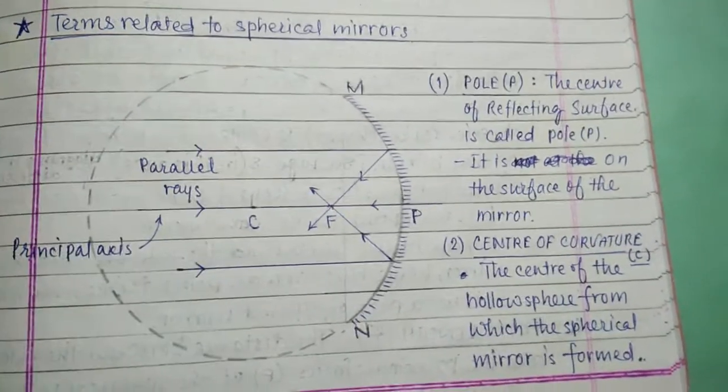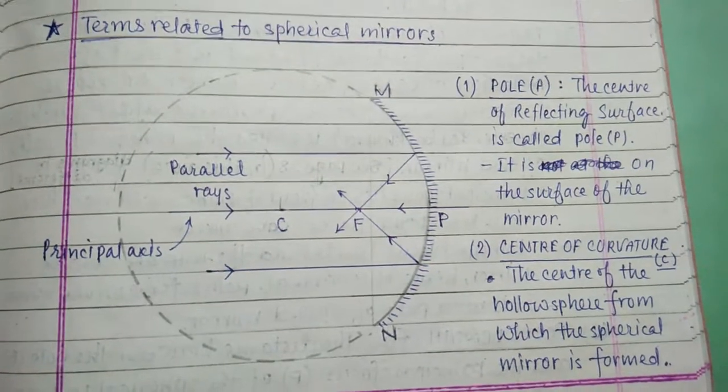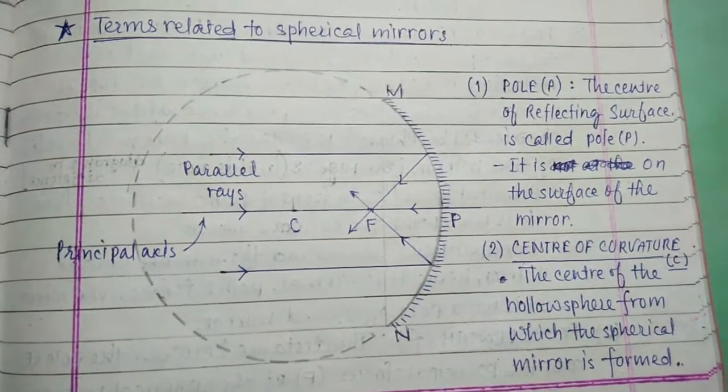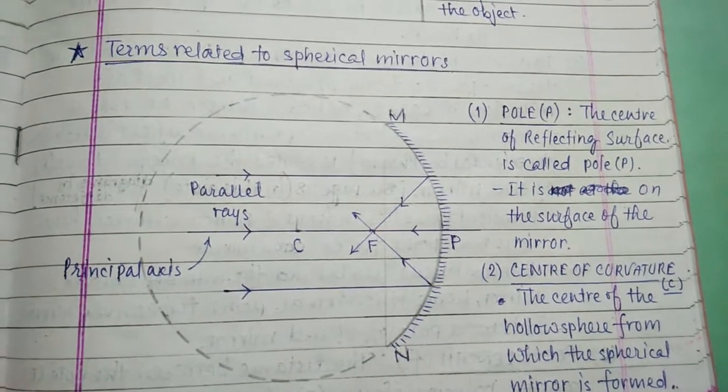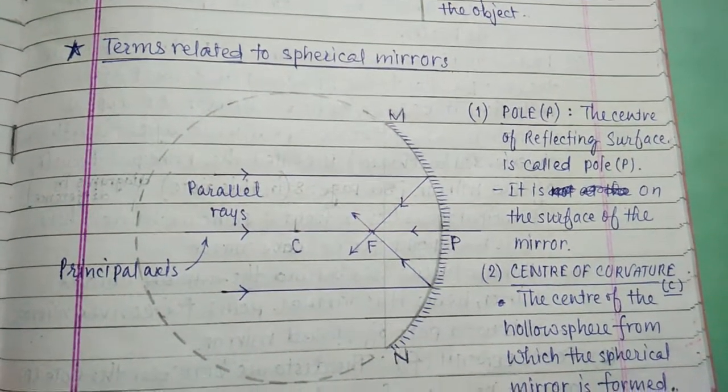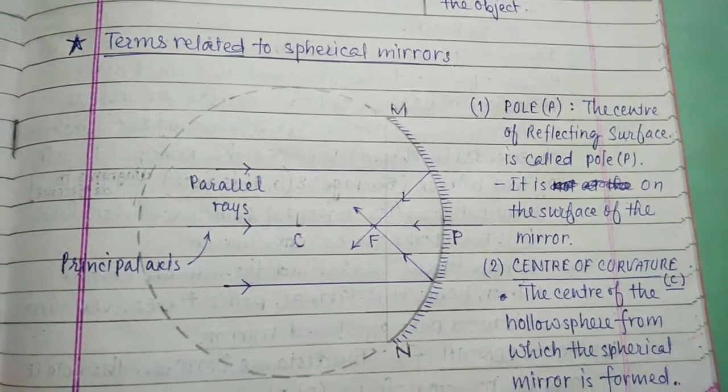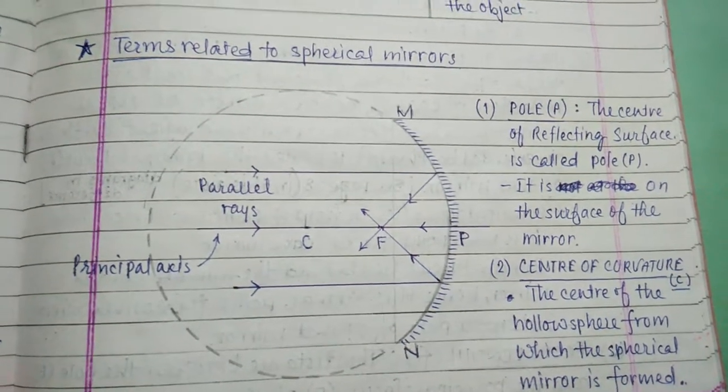Now the terms. First one is pole. Here it is indicated by capital P. It is the center of the reflecting surface.